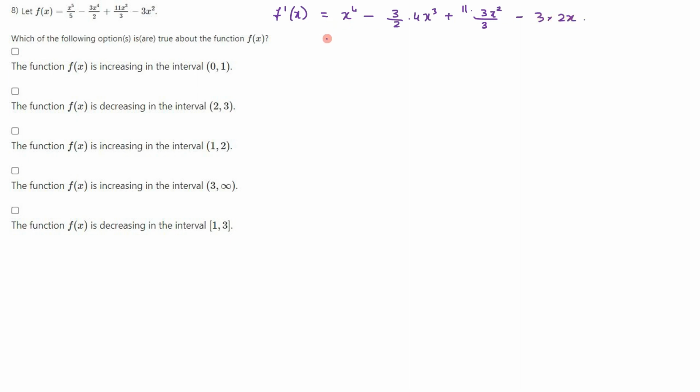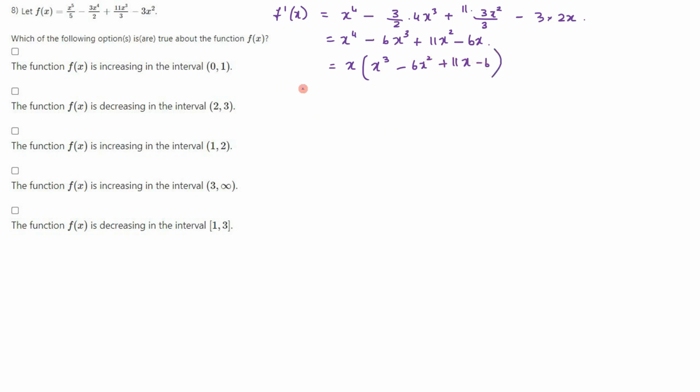So now this is nothing but x to the power 4 minus 6x cube plus 11x square minus 6x. Okay, can we take x common here? Yes, so that is x of x cube minus 6x square plus 11x minus 6.